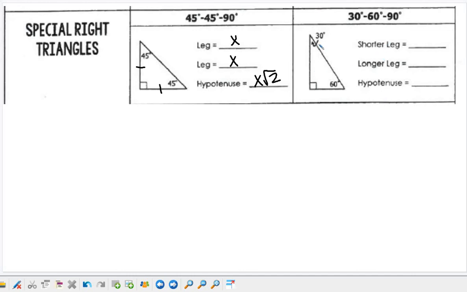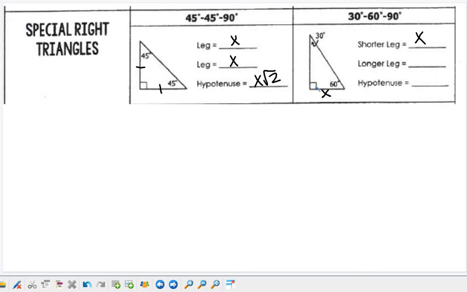So remember, the second one is a 30, 60, 90. So the shorter leg is across from the small angle. The longer leg is across from the 60 degree angle. And then, of course, the hypotenuse, as it always is, is across from the 90 degree angle, the right angle. Okay, so the shortest leg is x, so this is x across from the 30.